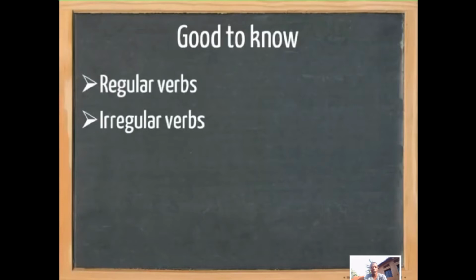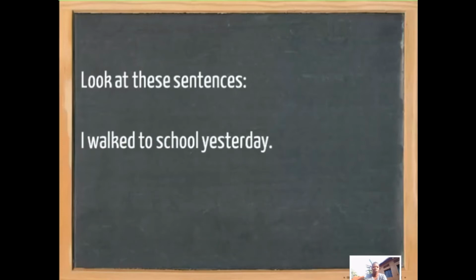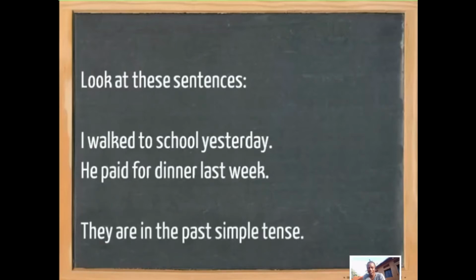We are going to look more at the regular verbs and the irregular verbs and how we form the past simple of those verbs in English. Look at the following sentences. I walked to school yesterday. He paid for dinner last week. All these sentences are in the past simple tense.